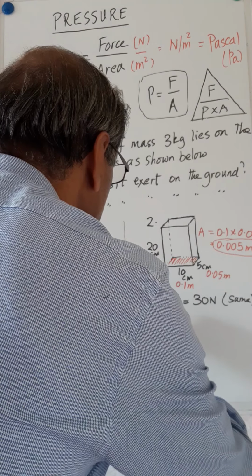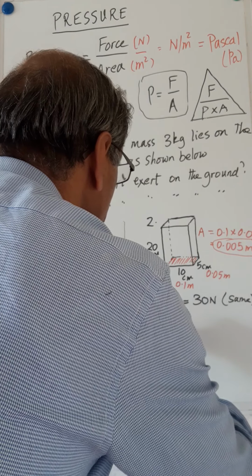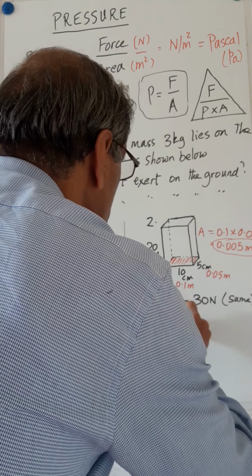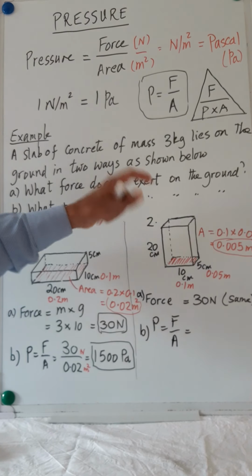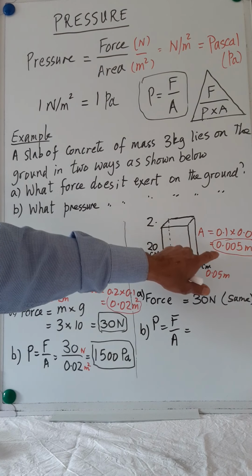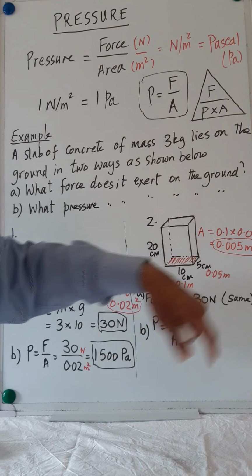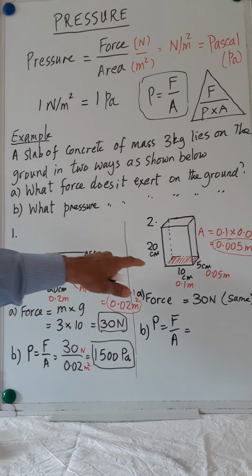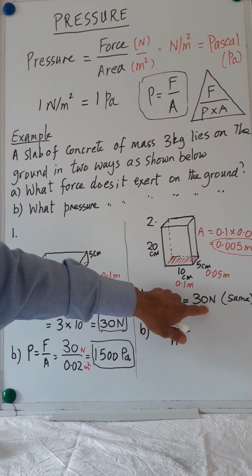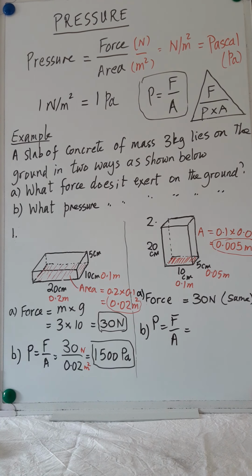So for part B, pressure is equal to force divided by area. Now, the area in contact with the ground this time is much smaller. It's 0.005 meters squared. And the force is, remember, still the same, which is 30 newtons.